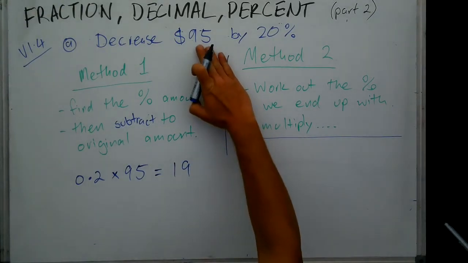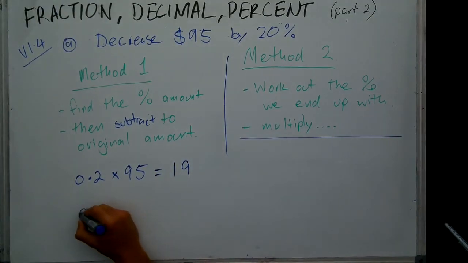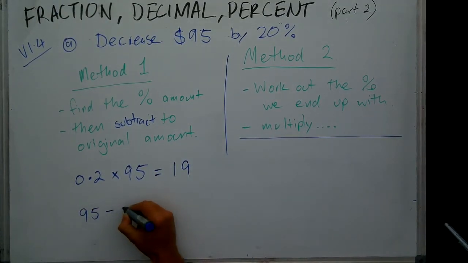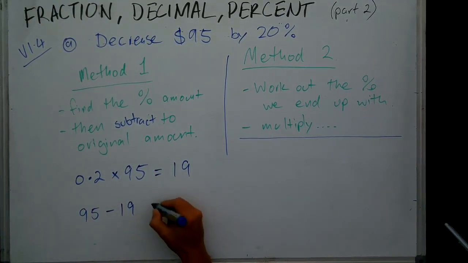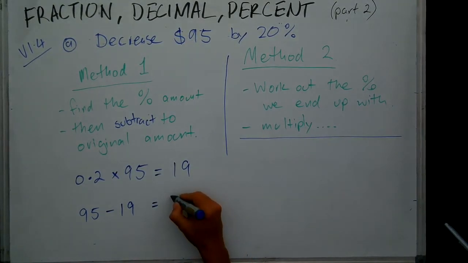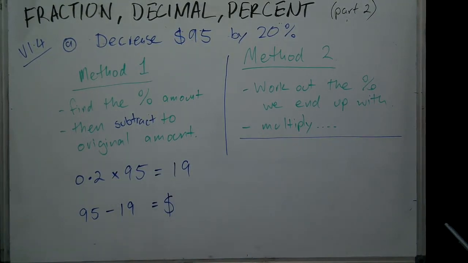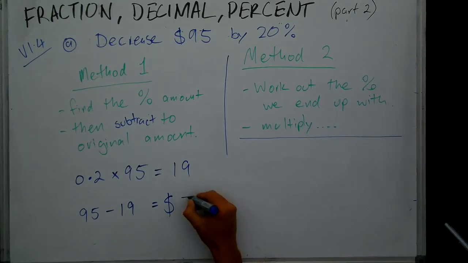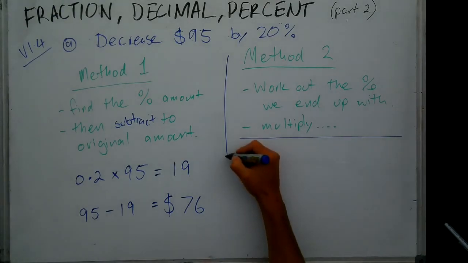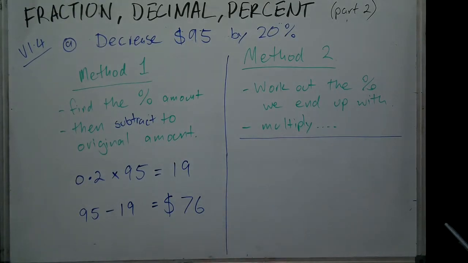But then we're decreasing this. So now we need 95 take away 19 equals, and this is going to be my final answer, so I'm going to put dollars, $76. So we ended up with something smaller because we decreased.